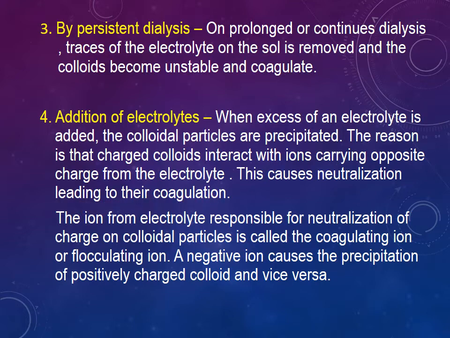The ion from the electrolyte responsible for neutralization of charge on colloidal particles is called the coagulating ion or flocculating ion. A negative ion from the electrolyte causes the precipitation of positively charged colloid, and a positive ion from the electrolyte causes the precipitation of negatively charged colloid.